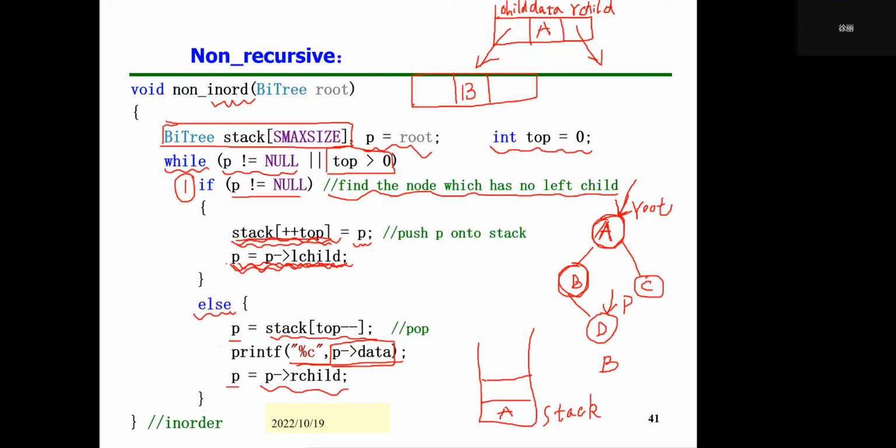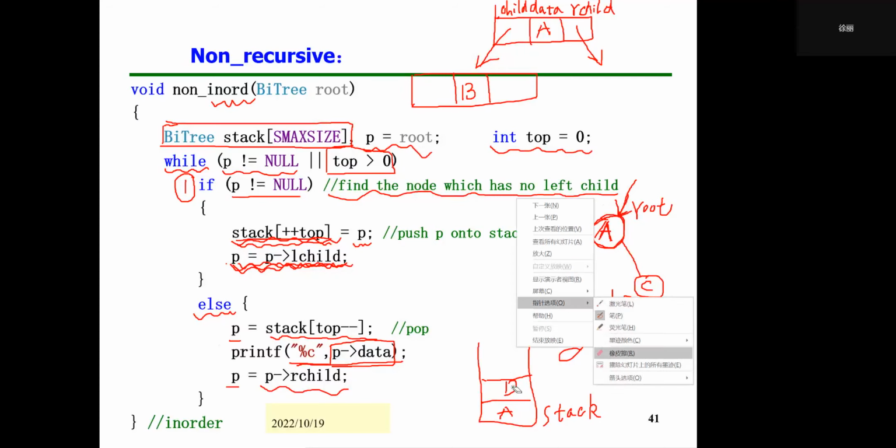So when P points to D, the thing is the same. When we start from a node, we will go left, right? Do you remember? So we'll go left. Of course, the left of D is null, right? So we push D, and then we go left. And the left of D is null. So we will pop D from the stack.